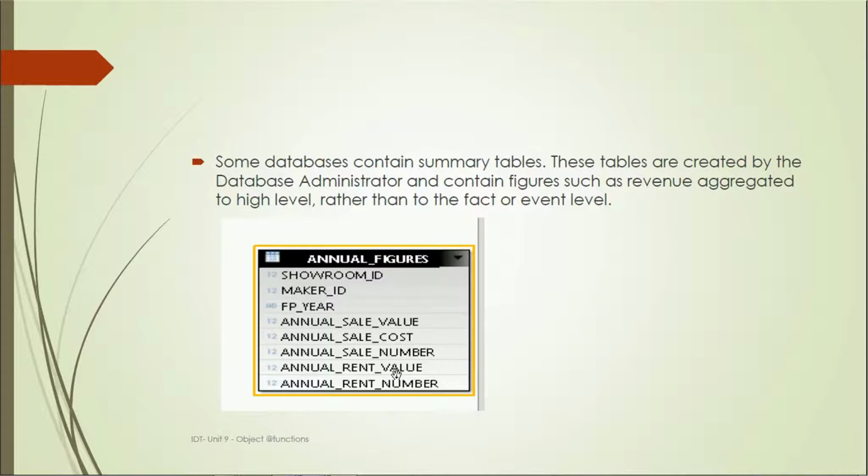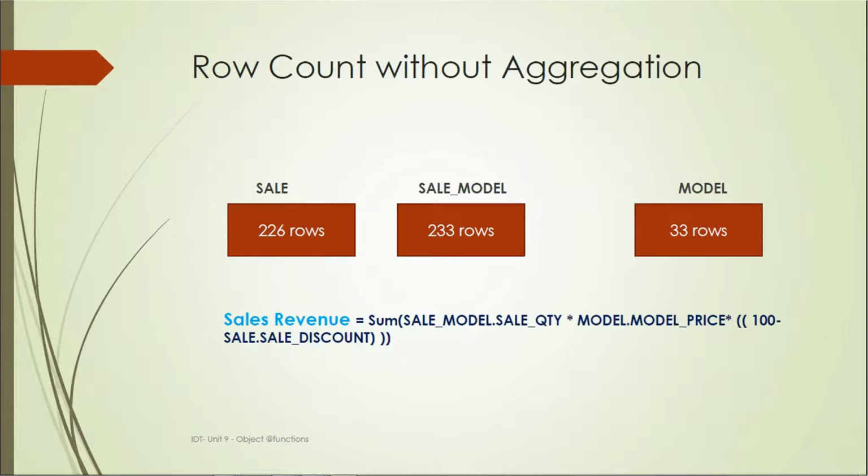So for that purpose, in the database or the data warehouse, we have these summary tables which hold these values. Based on the fact table or event level table, processing different calculations takes time. That's why we need summary tables. Annual figures is one of the summary tables, and we need to make use of these.